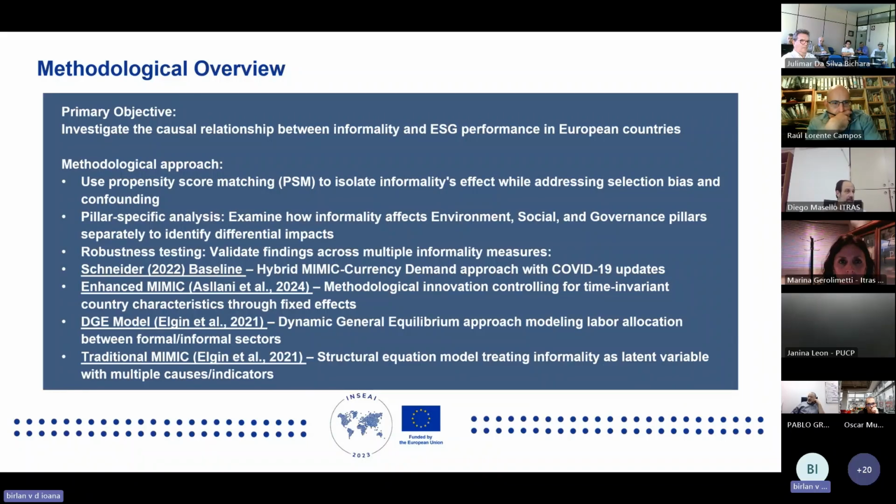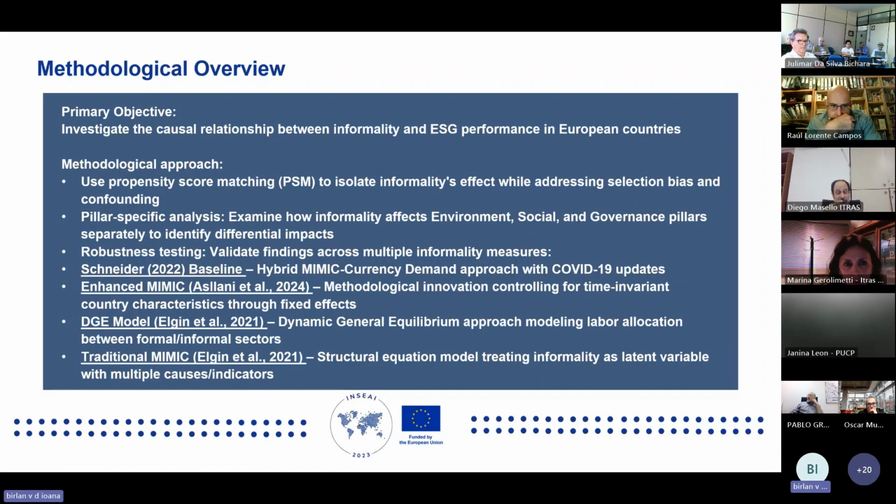To increase the robustness of our results, we examined how informality affected not just the global score, but also each pillar: the environment pillar, the social pillar, and the governance pillar separately, to identify if there are differential impacts. For the robustness testing, we did not just use one measure of informality, we used 4.